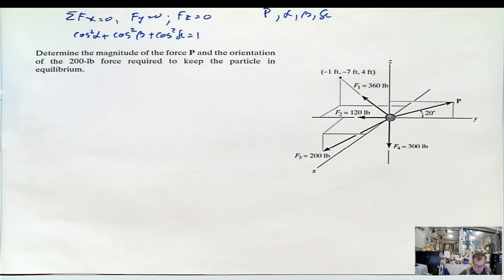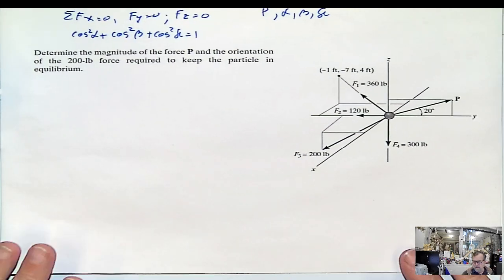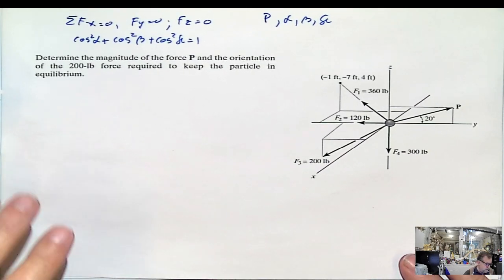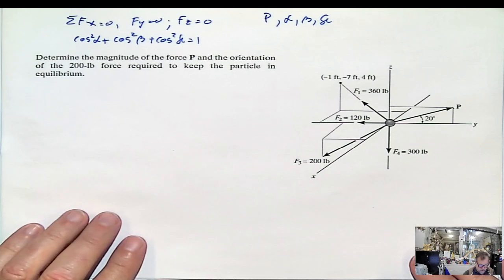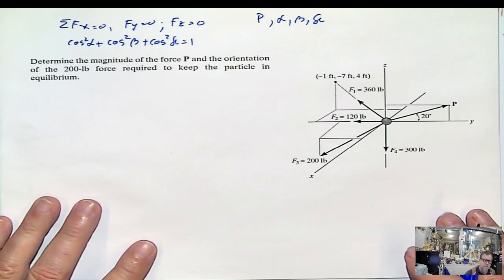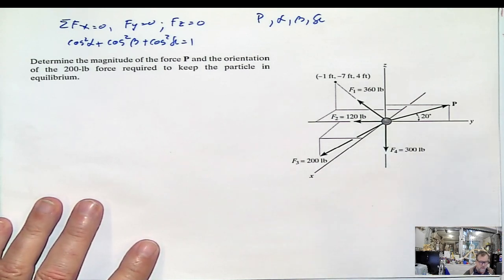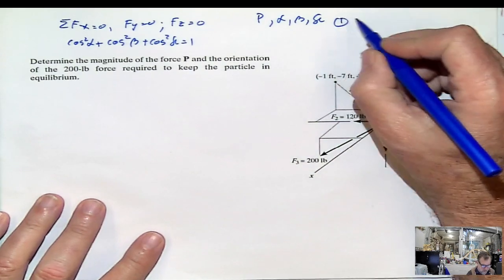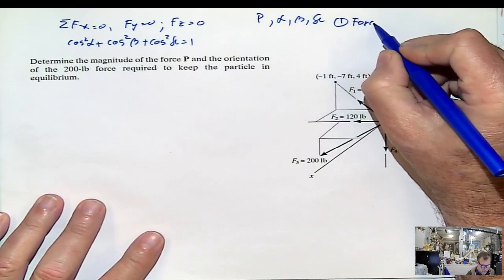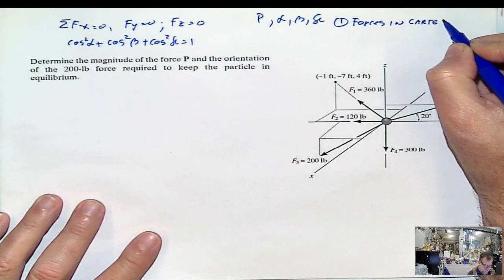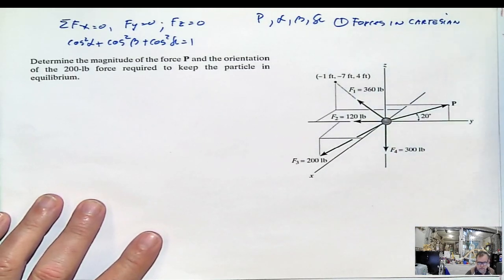And how do you solve this problem, basically? So let's start. How are we going to solve this problem? In the same way that every type of problem that deals with particle equilibrium is solved. Express the forces in Cartesian, meaning ijk.